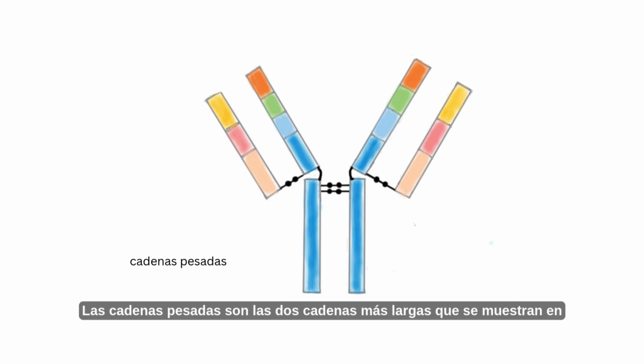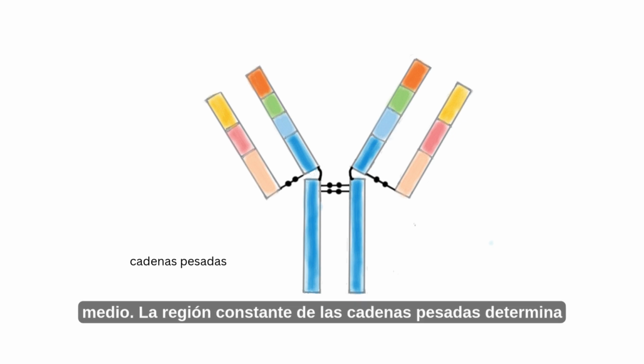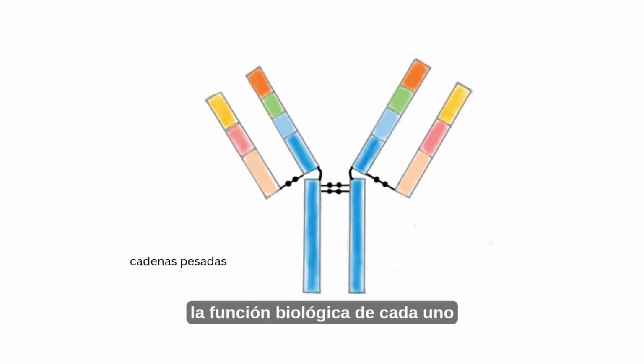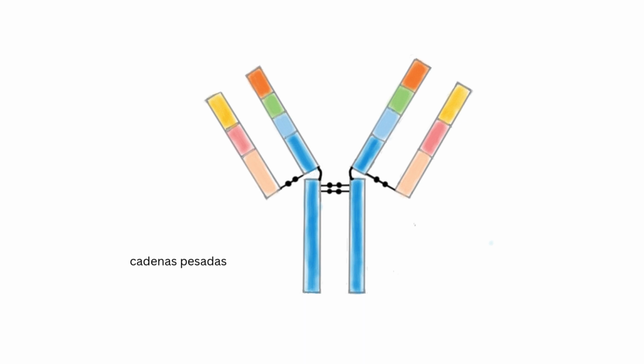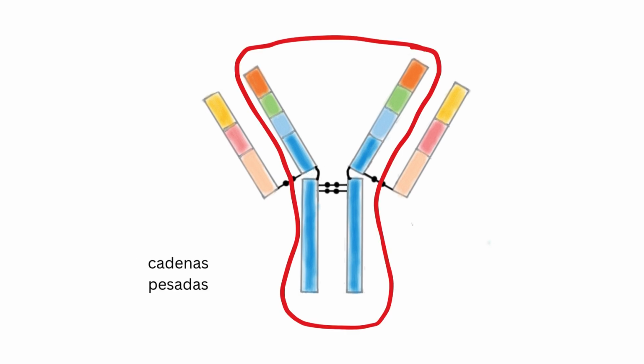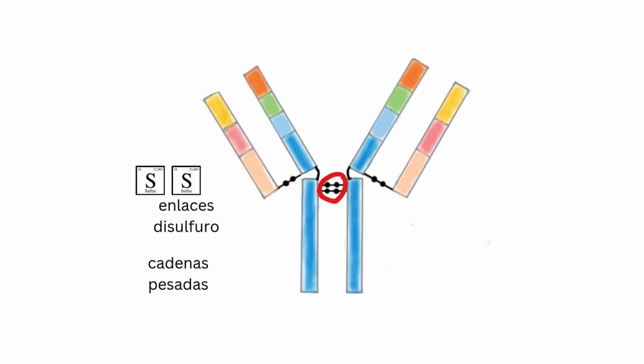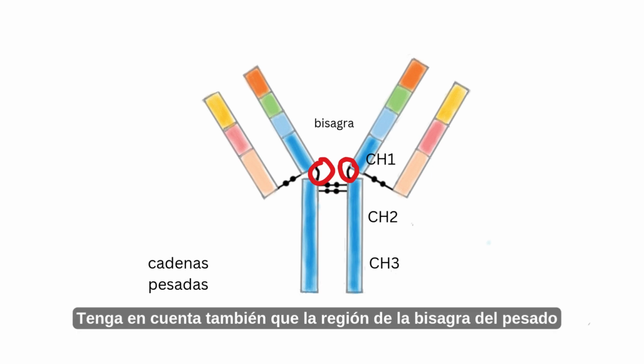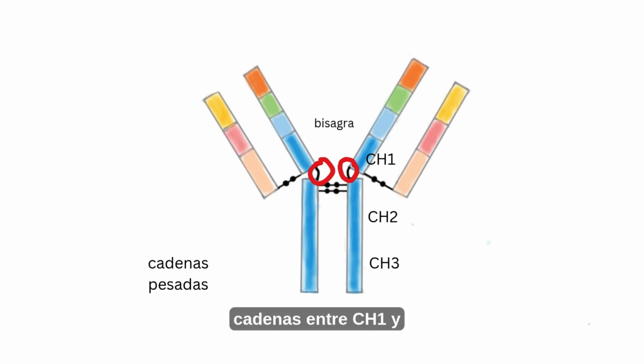The heavy chains are the two longer chains shown in the middle. The constant region of the heavy chains determine the biological function of each antibody class. Also note the hinge region of the heavy chains between CH1 and CH2.